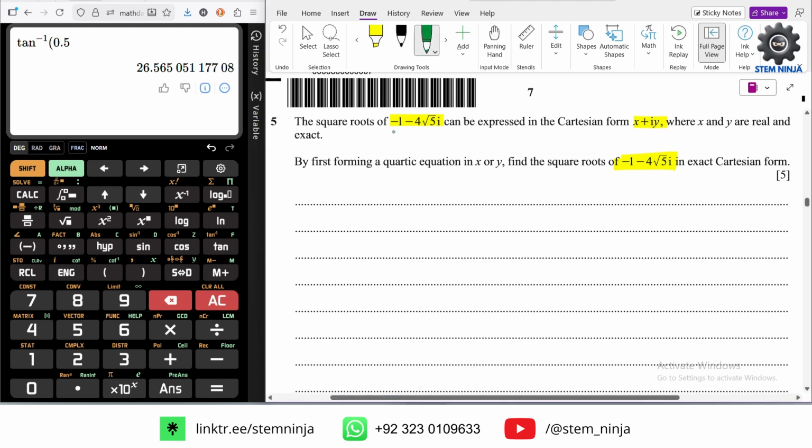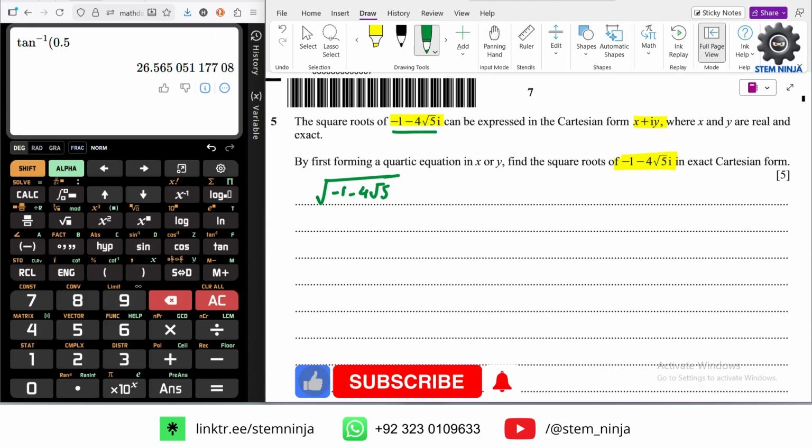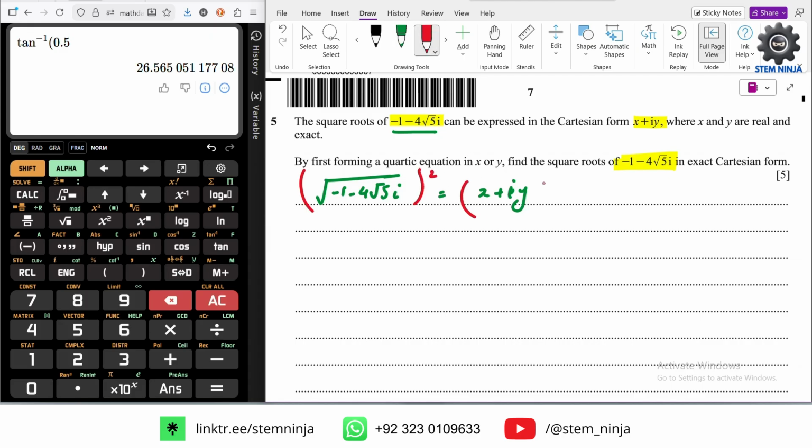So since we're talking about the square roots of minus 1 minus 4 root 5 i being equal to x plus iy, this means that the square would be this, right?